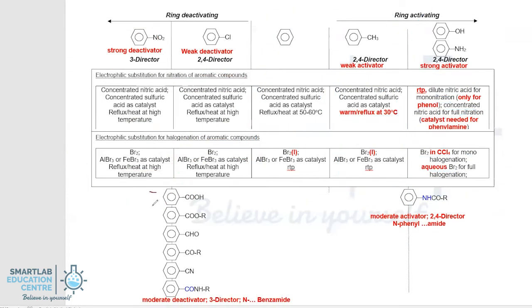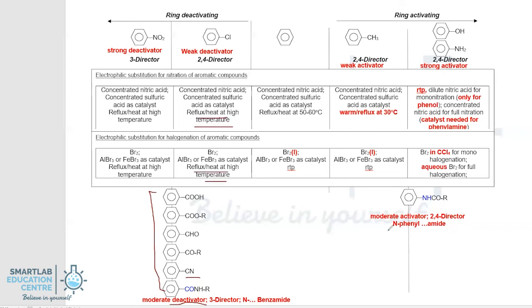Finally, we have a group of compounds that's here. These are the moderate deactivators, whereby the C double bond O group or the CN group are all electron withdrawing. So they would also need reflux at high temperature. So in the conditions required for halogenation or bromination, they will still need reflux or heat at high temperature.